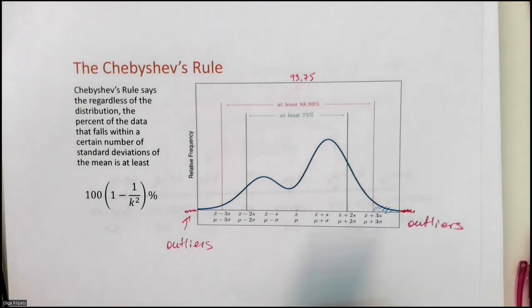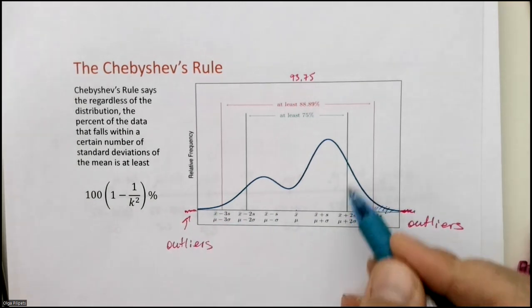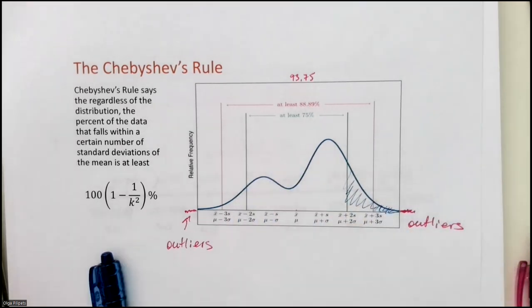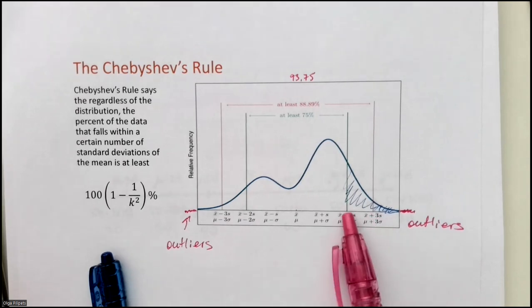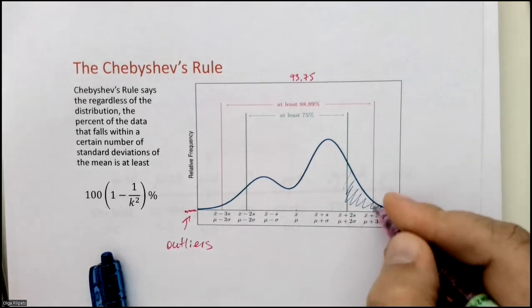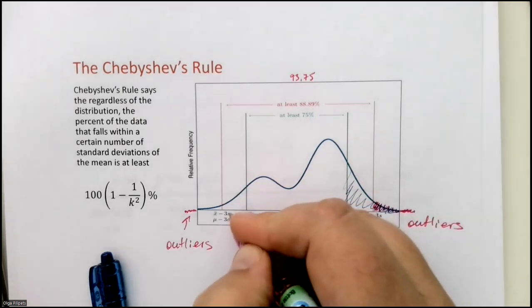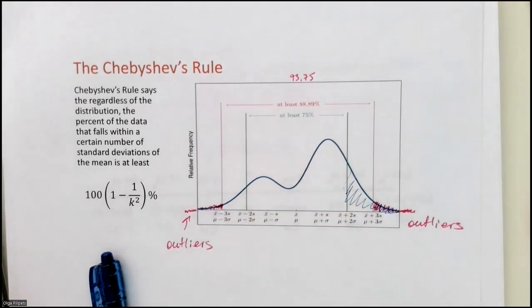Actually, yeah, this is 2 standard deviations. Sorry, I didn't notice that this is 3 standard deviations and this is 2 standard deviations. So the outlier zone starts here, beyond the 3 standard deviations. So this is the outlier zone.